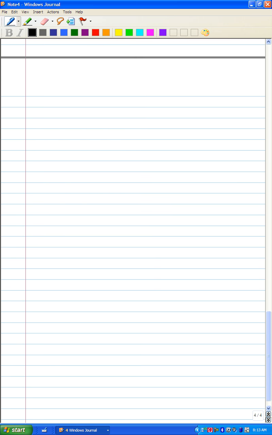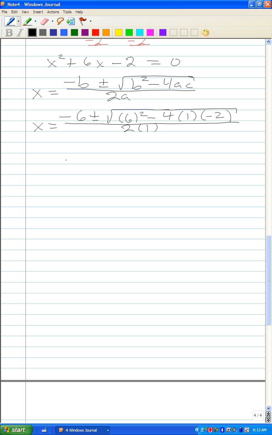And so x is equal to negative 6 plus or minus the square root of 6 squared, which is 36, minus 4 times 1 times negative 2, which is a positive 8, all divided by 2 times 1, which is 2. 36 plus 8 is 44.